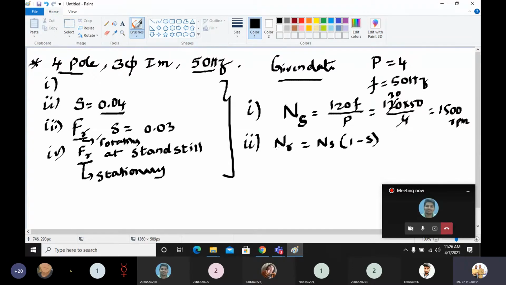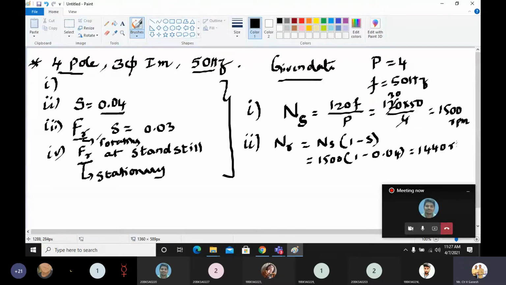I know the synchronous speed is 1500 rpm and the slip is 0.04. Just substitute: 1500 into 1 minus 0.04. If you simplify this, what is the value?